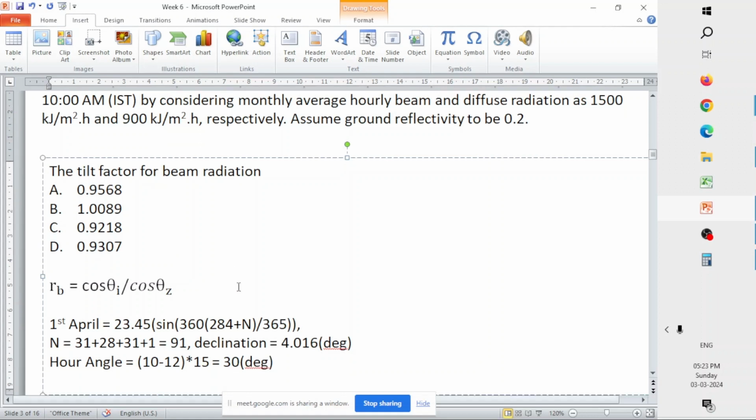Now you are good to calculate your cos of theta z. Cos of zenith I am writing here.